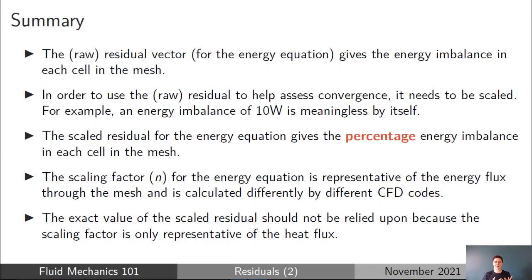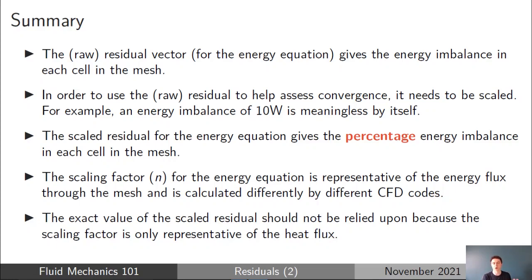And the scaling factor itself is calculated differently by different CFD codes. So it's not essential that you have the exact formula and know how this is calculated, but if you want to, you often have to look this up in the CFD manual for your particular code. And because the scaling factor is calculated differently by different CFD codes, the scaled residual is not something that you should rely on the exact value to assess convergence.